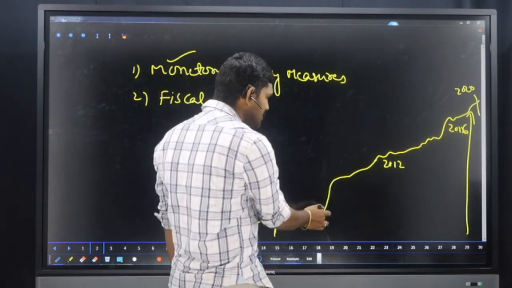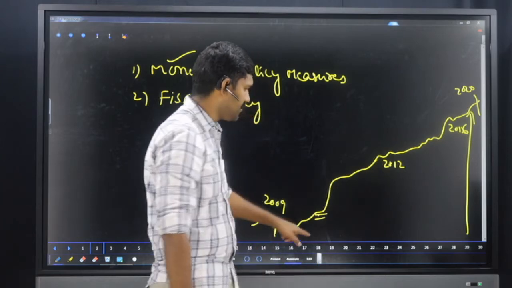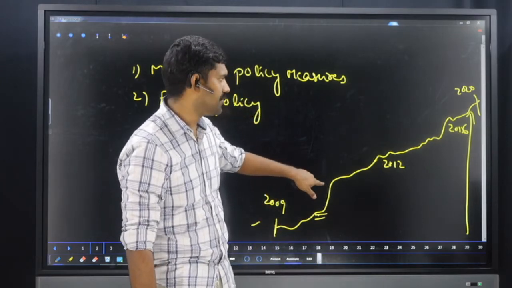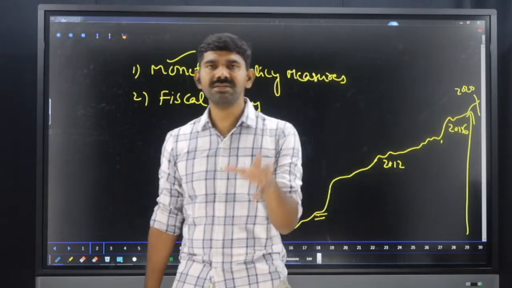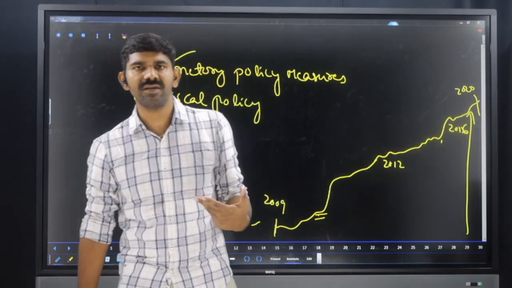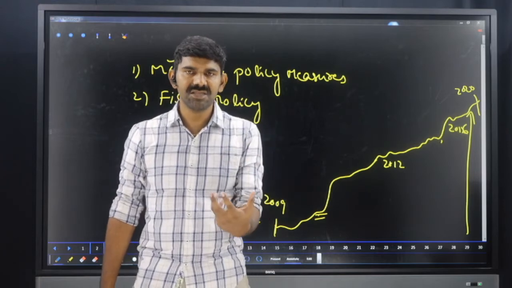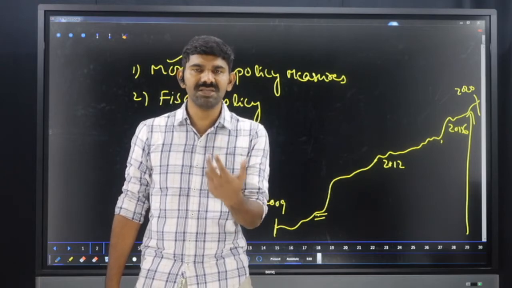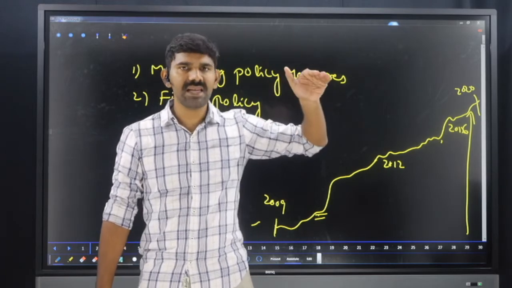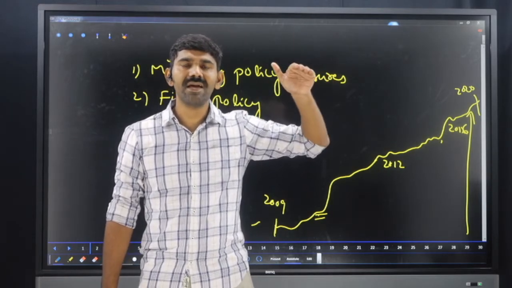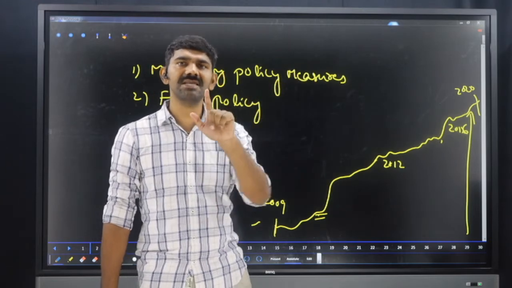In the meanwhile, you see that the economy has taken a jump here, and one more jump here. It happens that as the economy goes on, because of some structural changes and policy changes, it may take a leap. Once the economy takes a leap, if you compare with a year before that leap, that is meaningless.